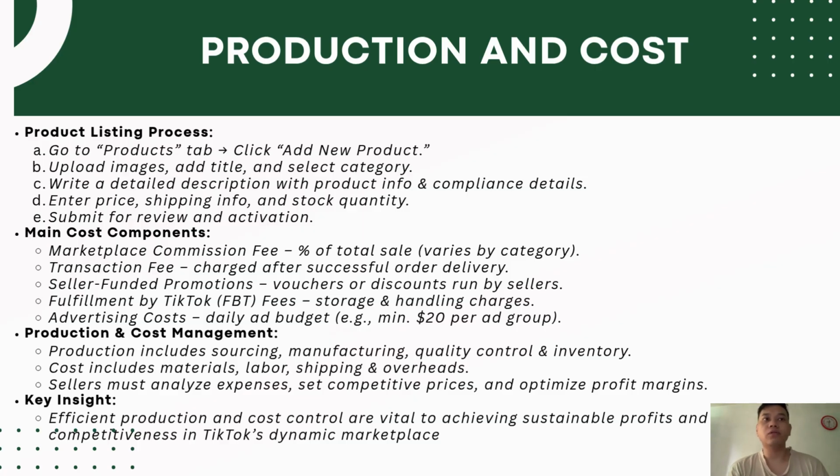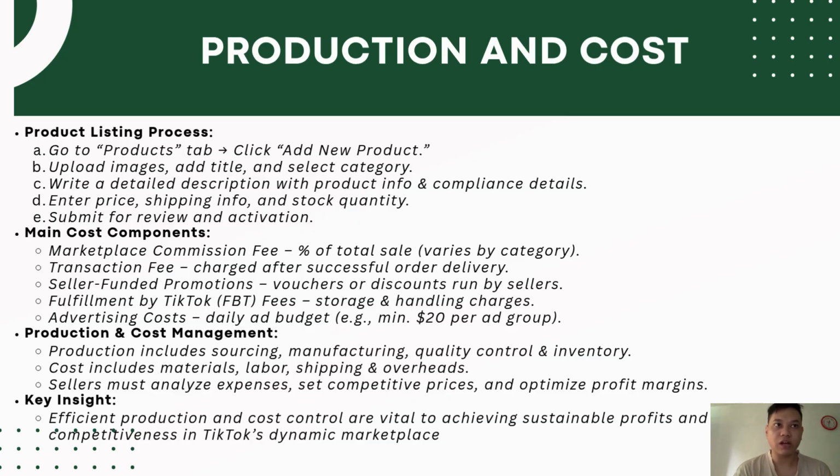Now I'm going to continue. Number 2, production and cost. Navigate to the products tab within the seller center, locate the products tab, and click on add new product to initiate the listing procedure.